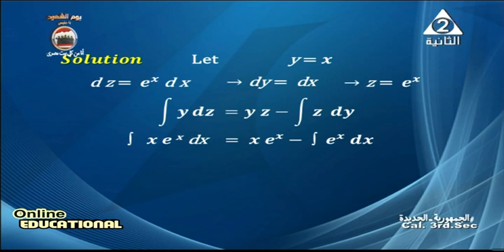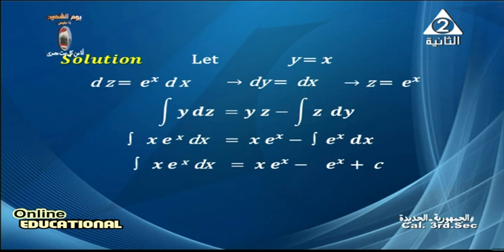Now, what is the integration of e to the power x dx? The integration of e to the power x dx is e to the power x plus the constant c. Then integration x e to the power x dx equals x multiplied by e to the power x minus e to the power x plus the constant c.